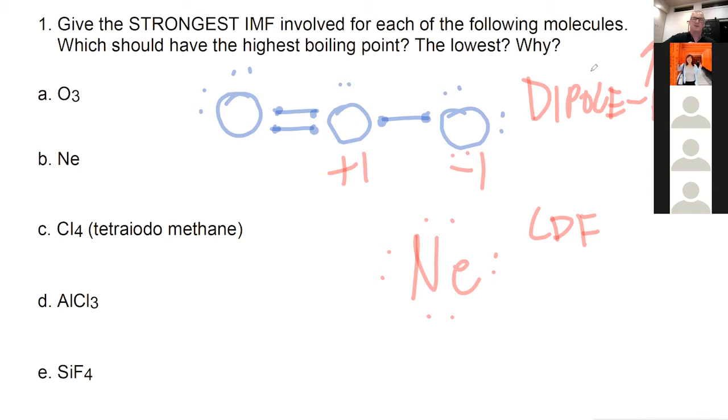Carbon. Carbon pretty much always goes in the middle with 1, 2, 3, 4 iodines. We'll give them each a bond.